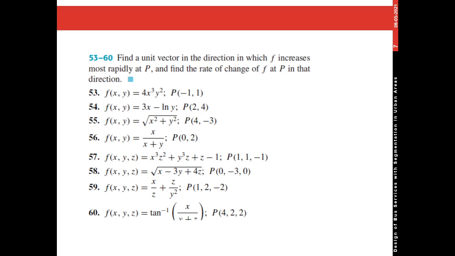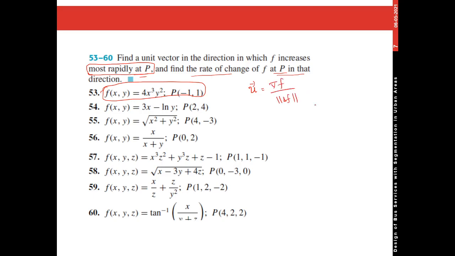And also there is one more question. Find the unit vector in the direction in which f increases most rapidly at p, and find the rate of change of f at p in that direction. If you want to do this problem, we want to find the unit vector in the direction in which f increases most rapidly. f increases most rapidly in the direction when u is equal to del f by norm del f.